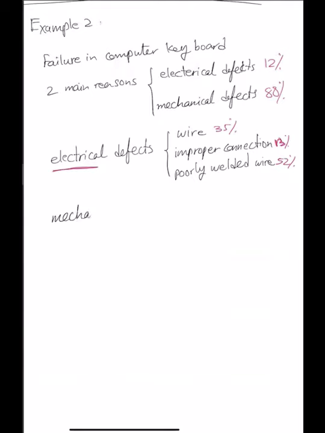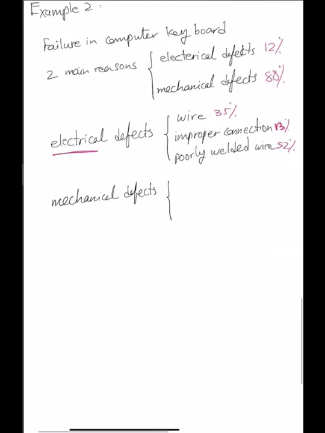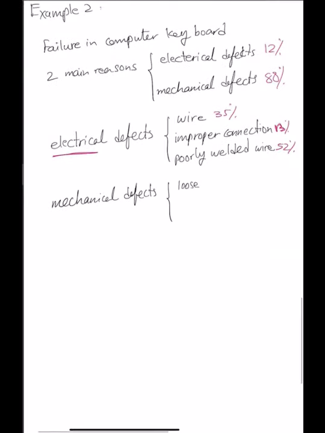For mechanical defects, we know that they are because of either a loose key or improper assembly.